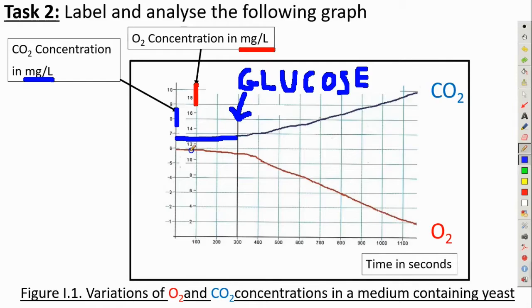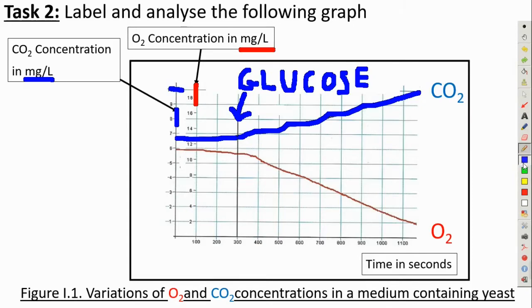Don't worry if I'm going too quickly. On the next slide, you will have all the text with the analysis. So I'm just going to say it quickly and then we'll go to the next slide where you can have time to write it down. So it remains constant at 6.6 milligrams and then it increases from 6.6 all the way up to 10.